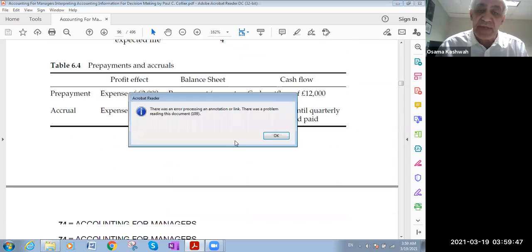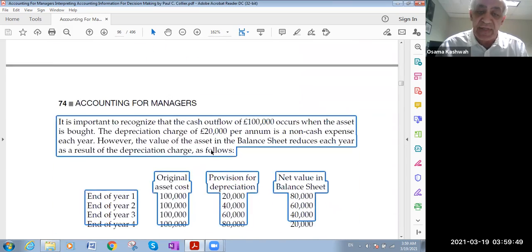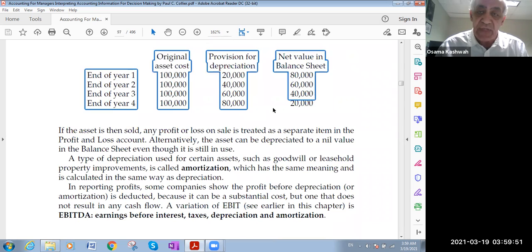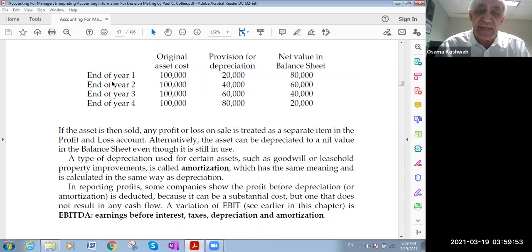So if we come to the schedule, like this table, it shows us that in the first year the car was $100,000. Depreciation was 20,000. So 100,000 minus 20,000, the value of the car at the start of the second year will be 80,000.